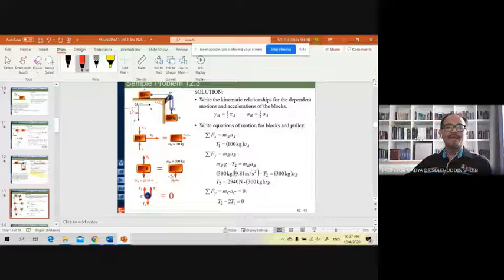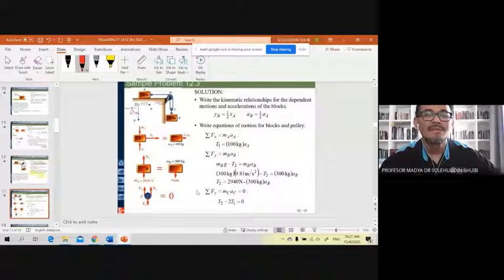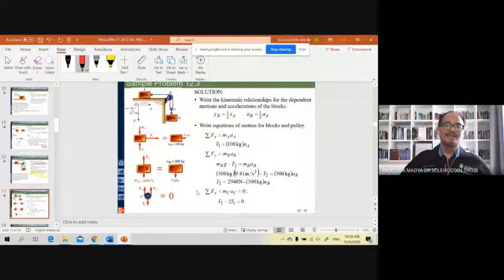For block B, we're going to use the same thing. You have the tension T2, which is this one, and then the body weight of block B, 300 kilograms, going down.